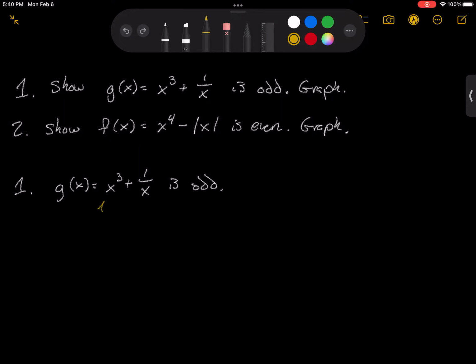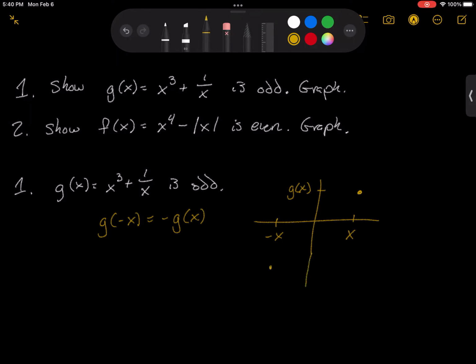But all of my powers of x are odd, so I want to show that the definition of odd is satisfied. That is, I want to show that g does to minus x the opposite of what it does to positive x. Right, if here I have an x value and g takes it up to this y value, so this is g of x, then over here at minus x, it should do the opposite.